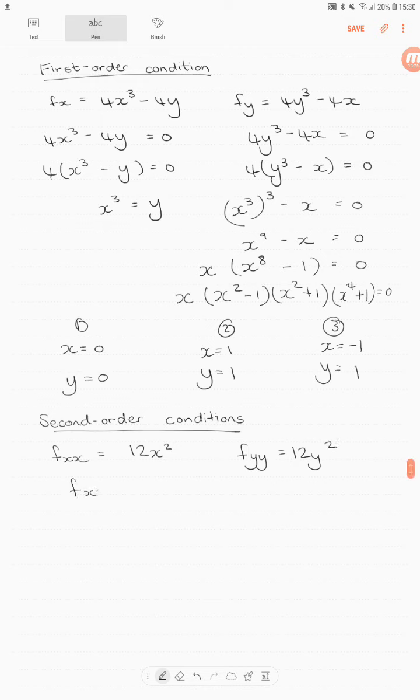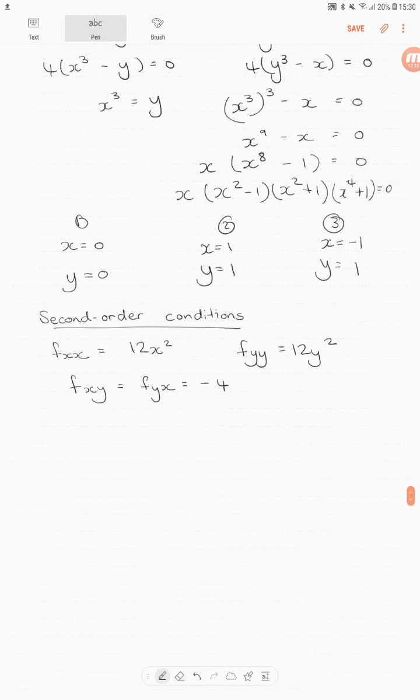And fxy equal to fyx will be equal to negative 4. So remember, we have 3 points.